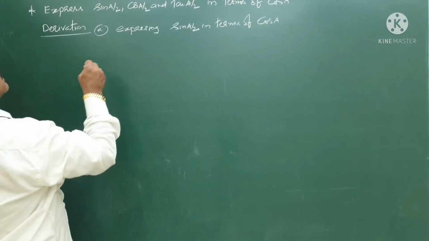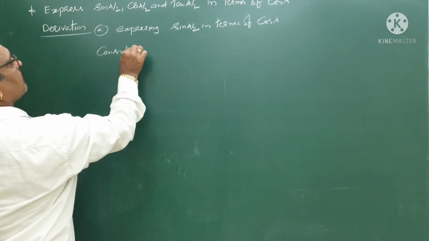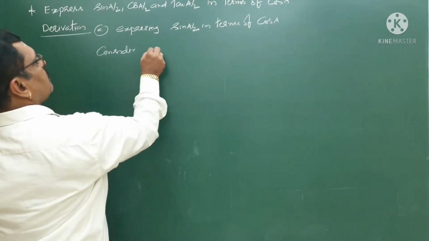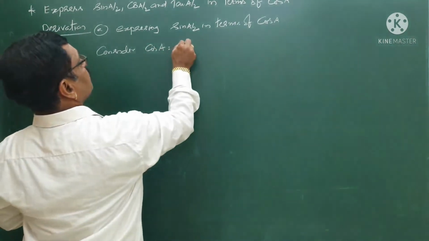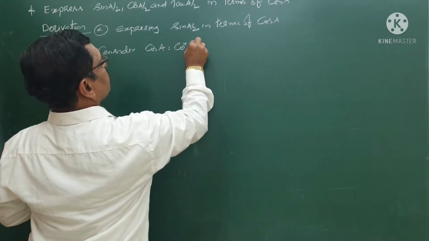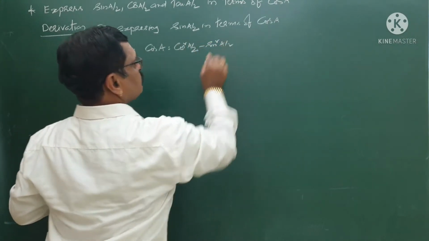For this one, I consider cos A first. Consider cos A is equal to, you have the formula, cos square A by 2 minus sin square A by 2.